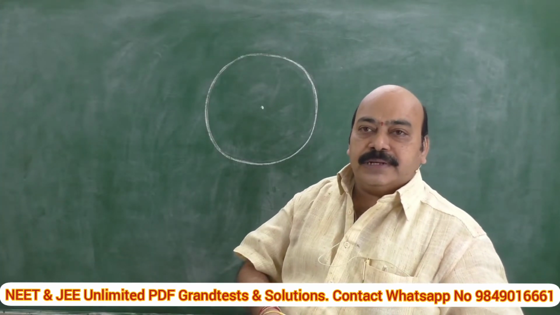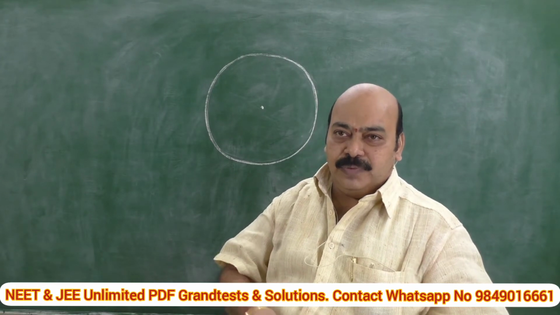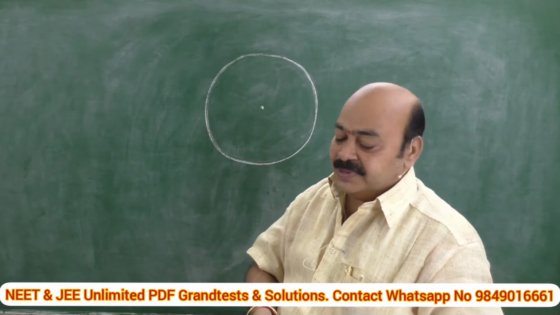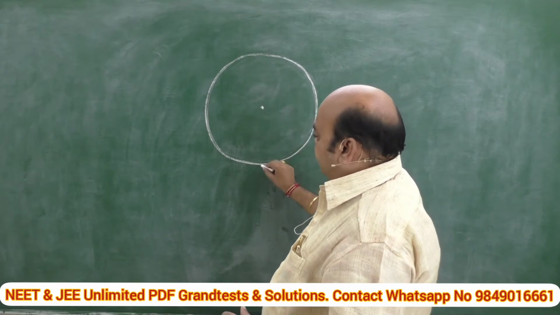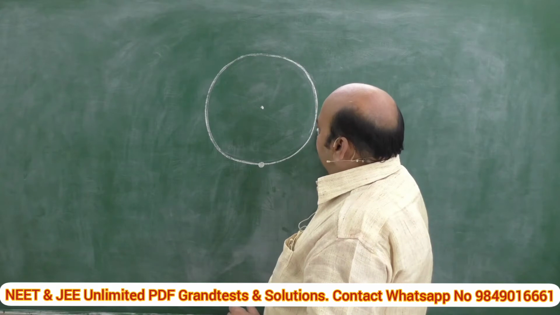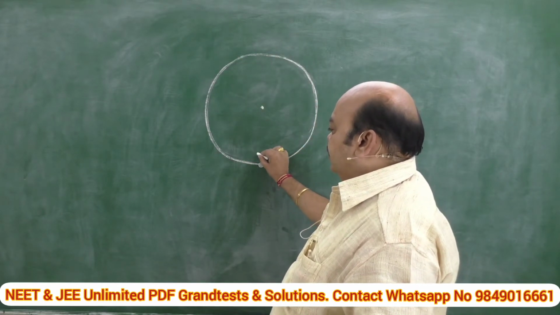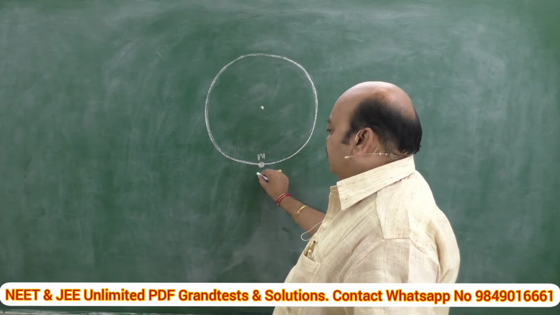Now I am going to measure the change in momentum in case of a body moving in a circular path. Consider a body describing circular motion. It is moving along the circumference of the circle with a velocity v, whose mass is given as m.